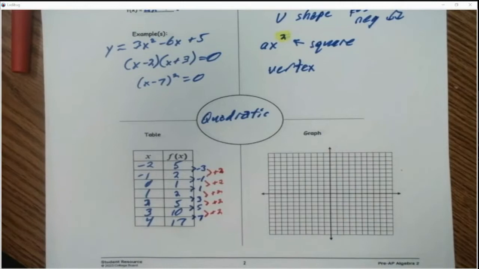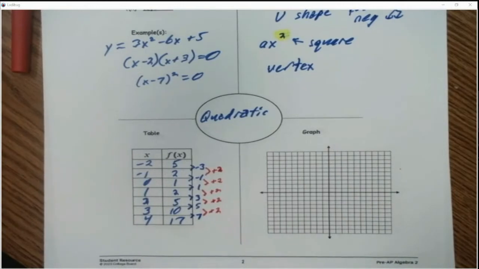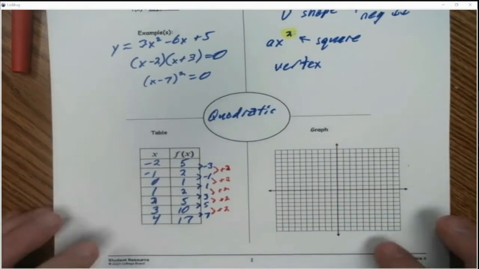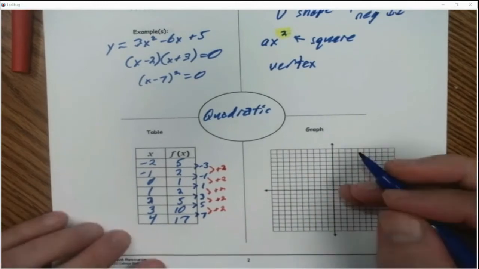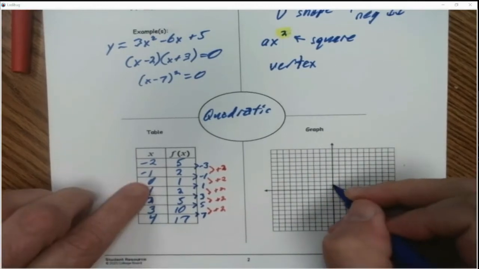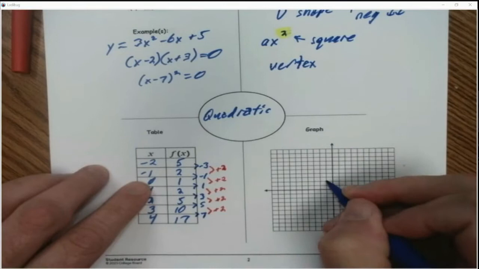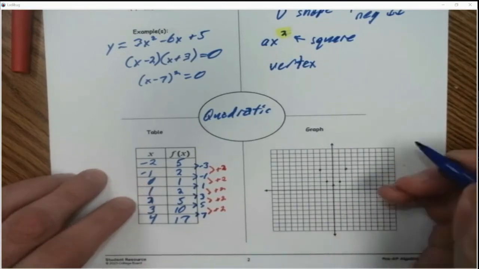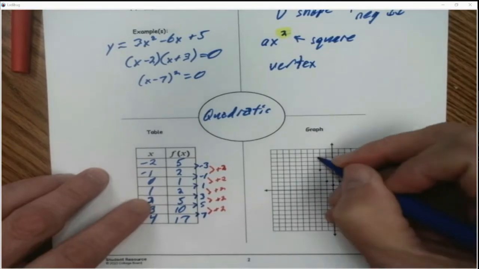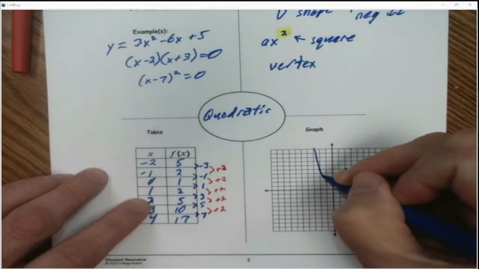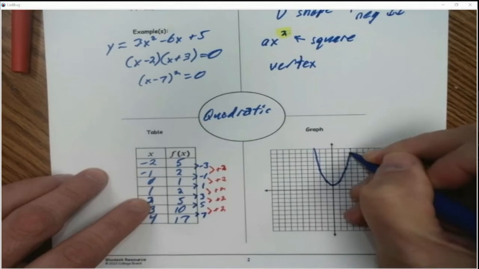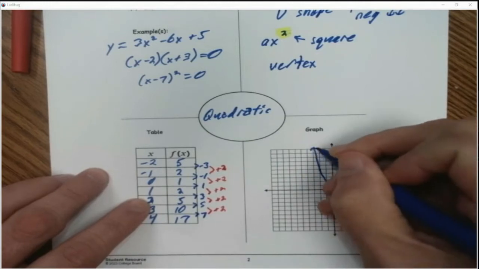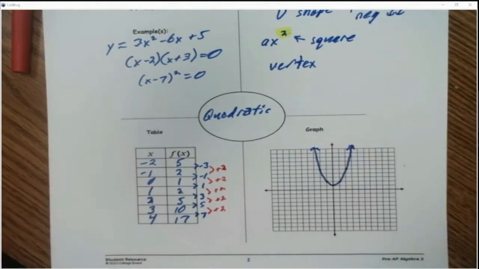And of course, we can go back to graph that. So 0, 1, -1, 2, 1, 2, -2, 5, 2, 5, 3, 10. So we see our parabola right there. So that's the graph.